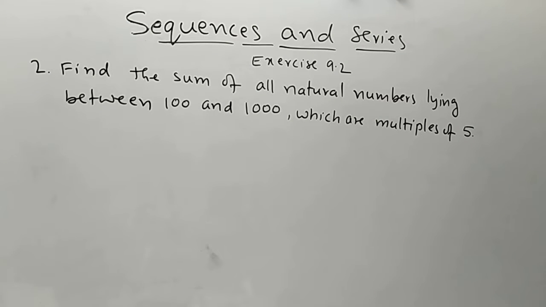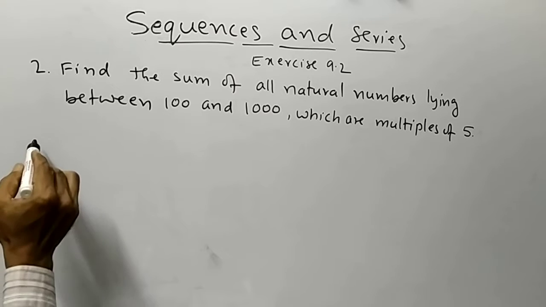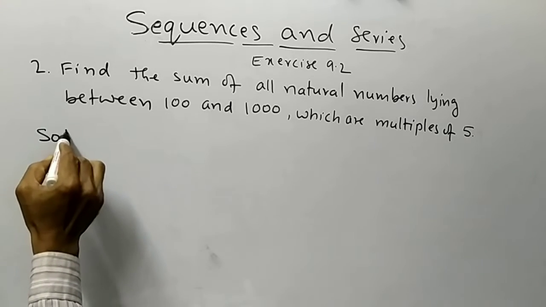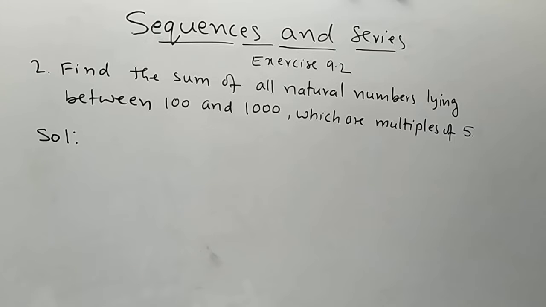Second question. Find the sum of all natural numbers lying between 100 and 1000, which are multiples of 5. Solution.